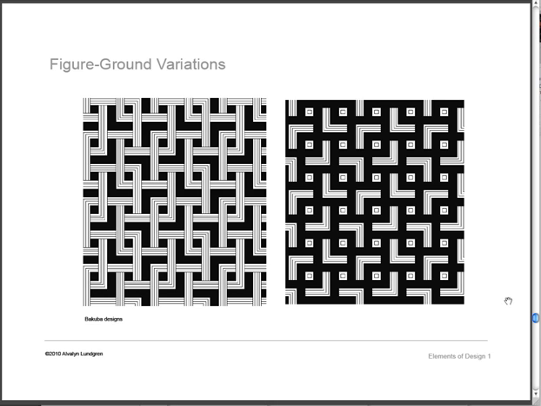These are two different designs that are variations of each other. If we look at figure in one, it becomes ground in the other just by how color and treatment, detailing is applied. And so we can take the same design, and by playing around with what becomes figure and what becomes ground, we can make a variety of variations on that design and have completely different designs, but they're all related.